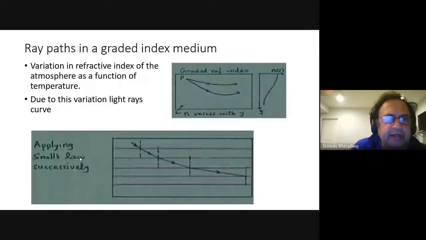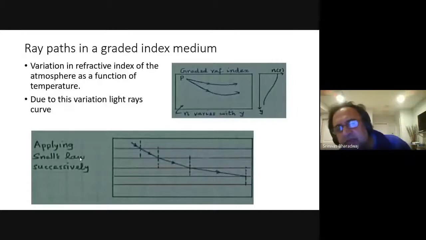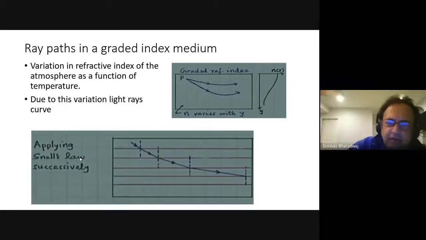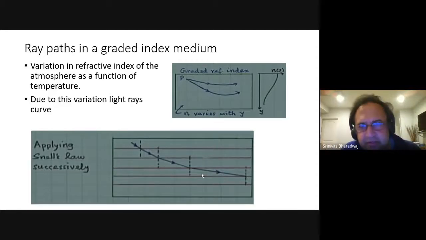Now, graded index fibers have a slow variation of the refractive index, and they also use successive application of Snell's law. The index, from the core to the outer, slowly declines.